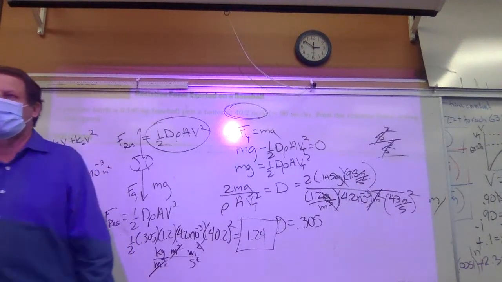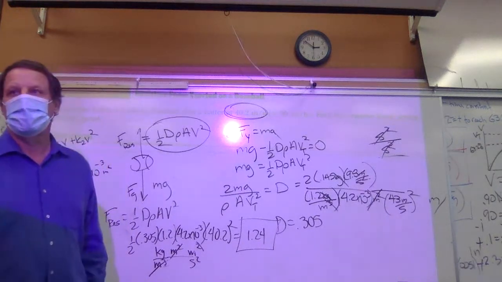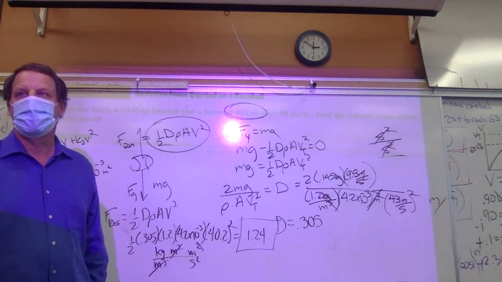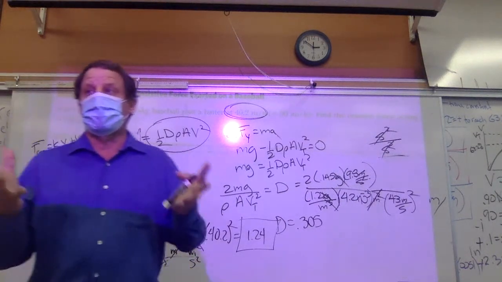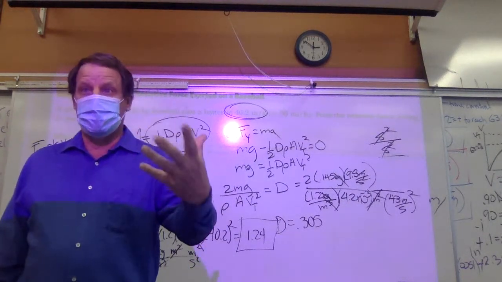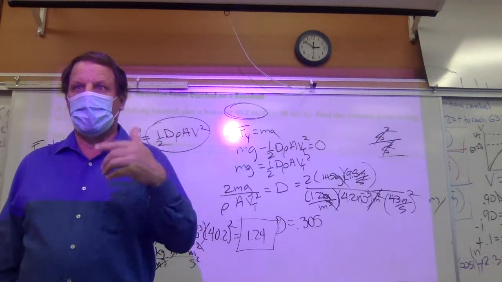Yes, sir. I have a question about the drag coefficient. Were you saying that it's supposed to end up having no units? Yeah. Now, sometimes it is not that way.